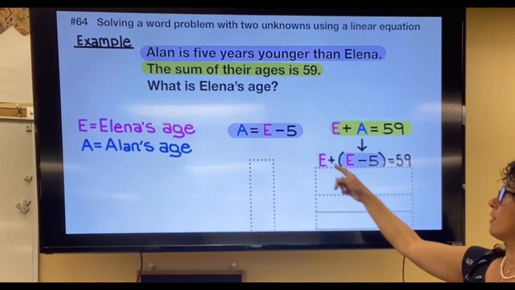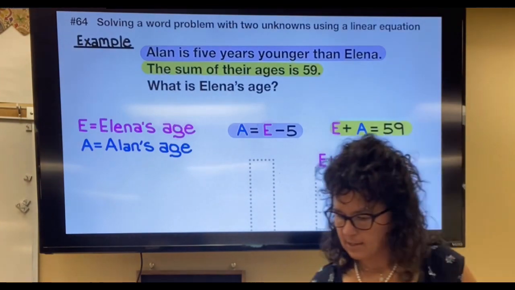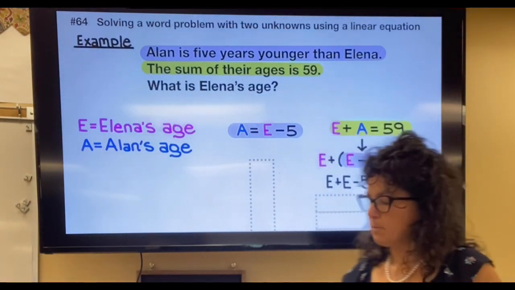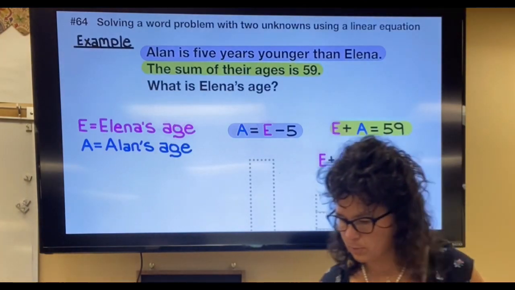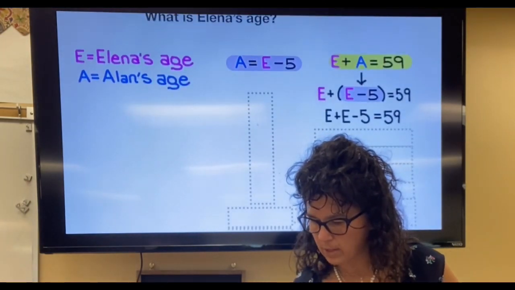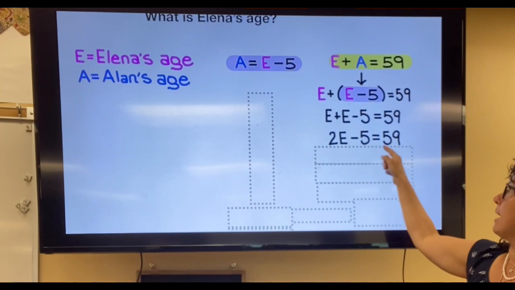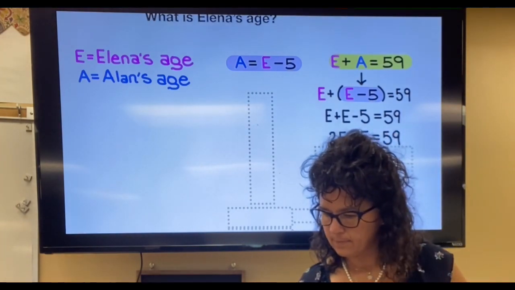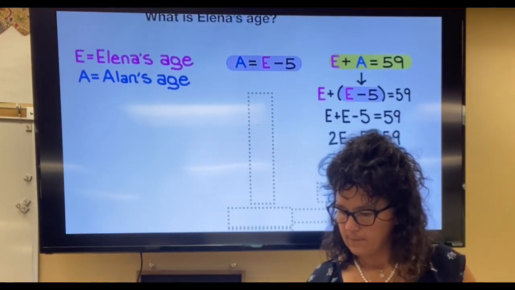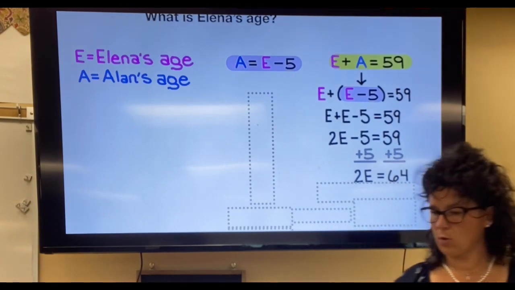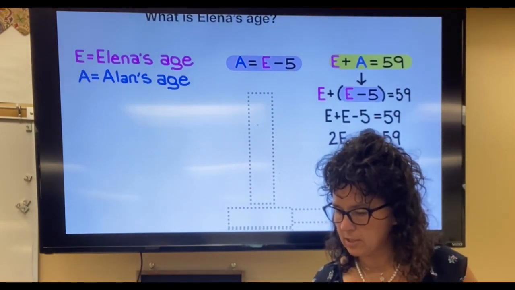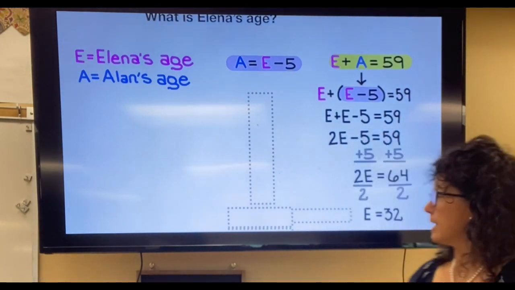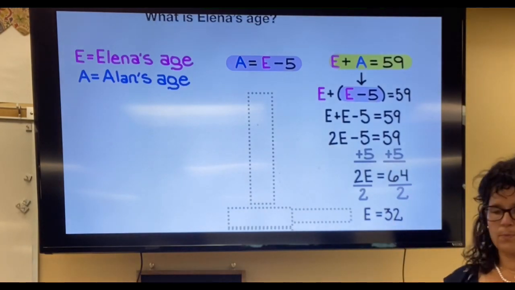Okay, finishing solving this, E plus E is 2 E's minus 5. I don't need those parentheses there anymore, so we have 2E. Then add 5 to both sides. 2E equals 64. Divide both sides by 2, and I end up with 32.